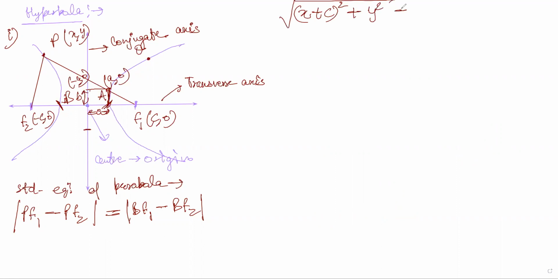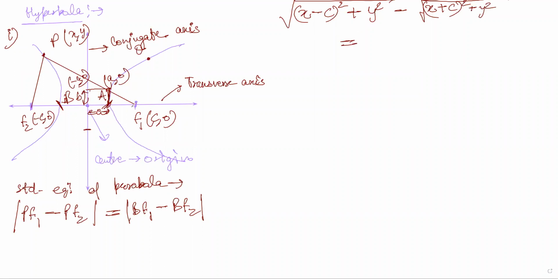Now this was PF1. If I find out PF2, that should be root of x minus c whole square plus y square. This is PF1 minus PF2.